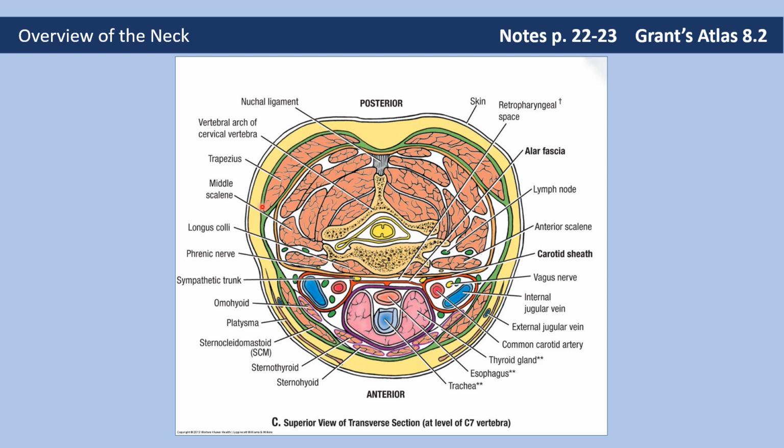Here again is the investing layer of deep cervical fascia, indicated by the green line splitting, going around the trapezius, going around the sternocleidomastoid, and investing the entire neck.